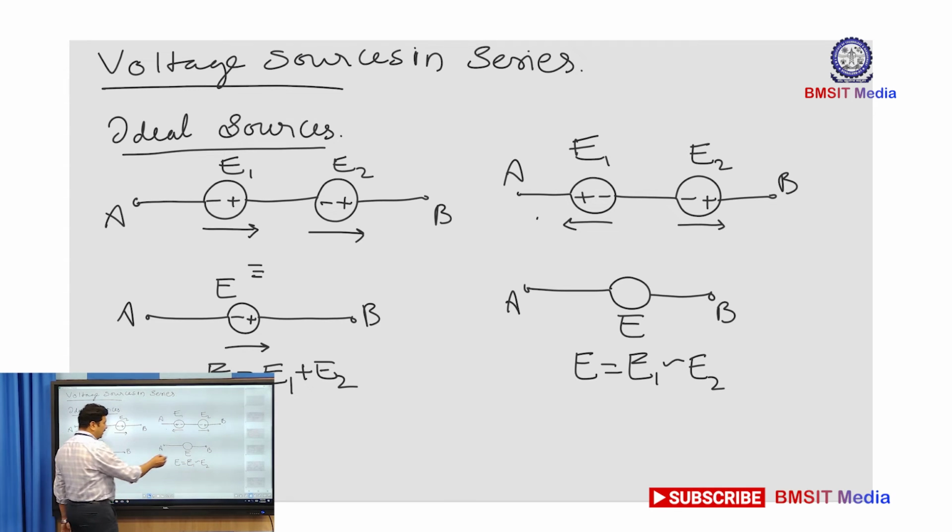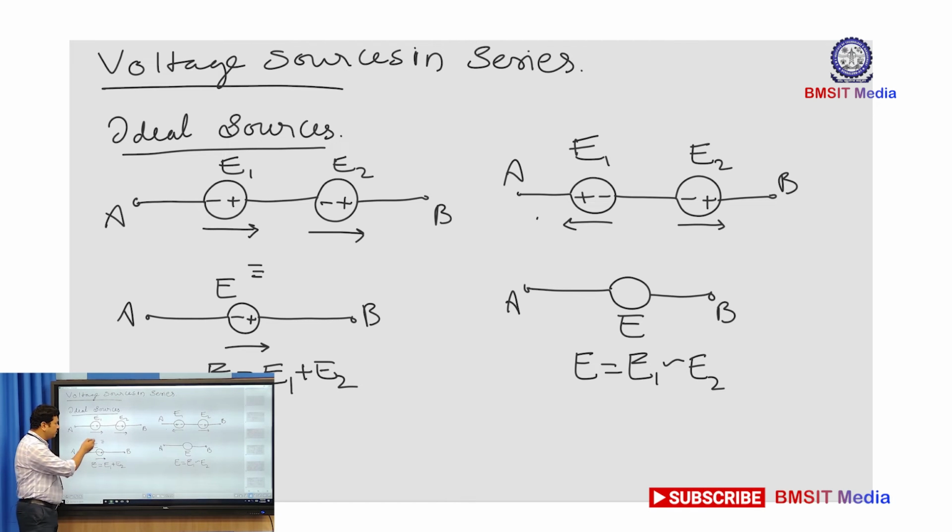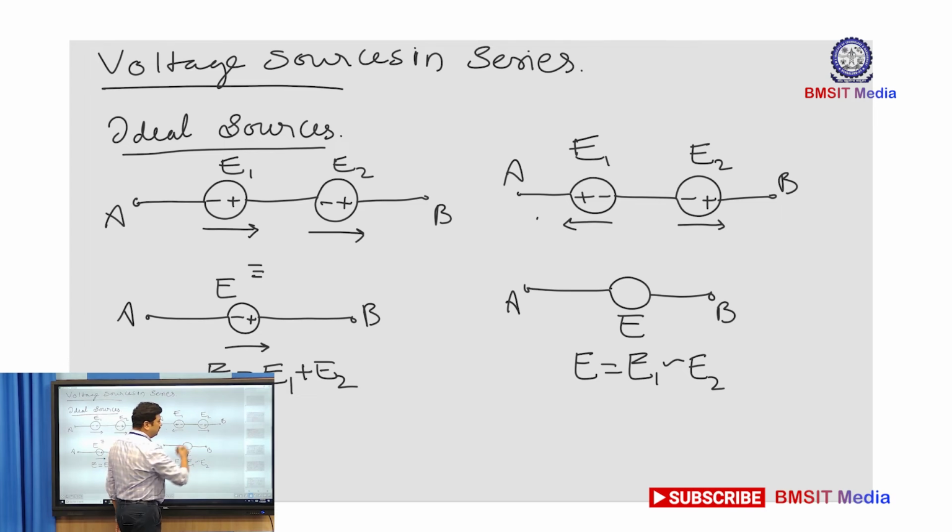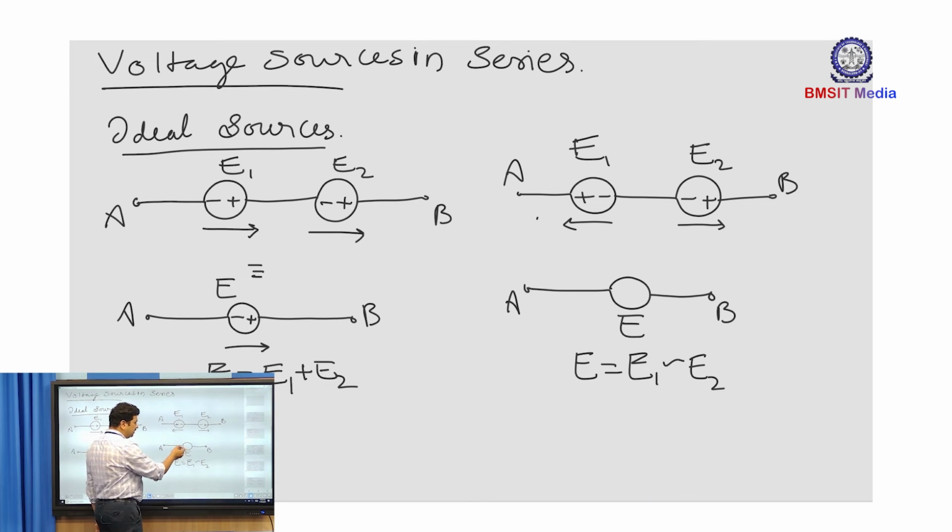Then the polarity of the resultant voltage source is important. I cannot arbitrarily assign the polarity. Here the polarity issue does not exist because both voltage sources are in the same direction. Therefore, the resultant polarity will be the same as that of both the sources. But in these two sources, the polarity depends upon which source has the larger value. Suppose E1 is larger than E2, then the polarity of the resultant voltage source will be that of E1.